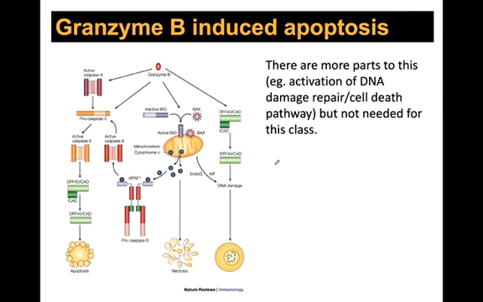Now, as you might guess, there are a whole lot of caspases, right? I've only talked about 3, caspase 3, 8, and 9, but there are other ones. And there are lots of other backup plans, but I don't think that going into all those details is really necessary. These are the main ones.